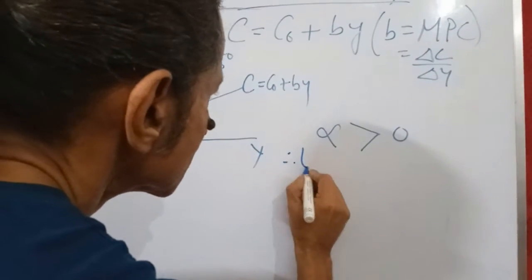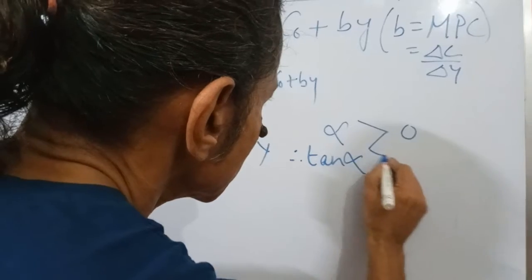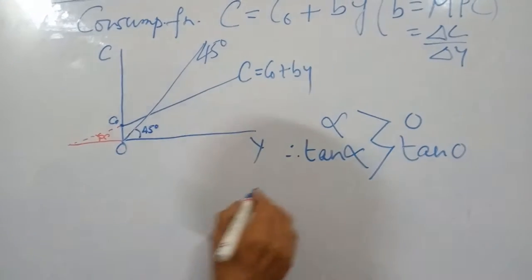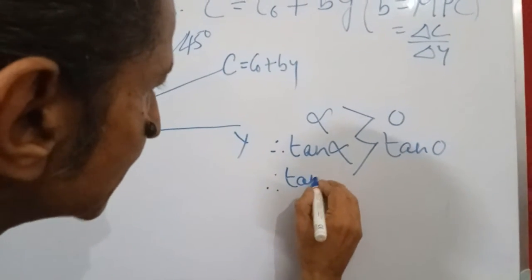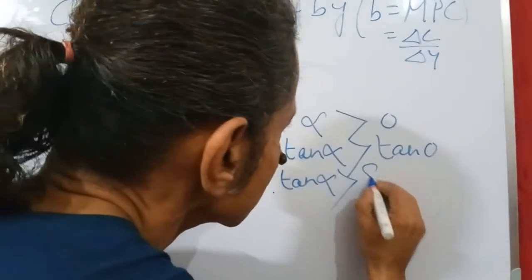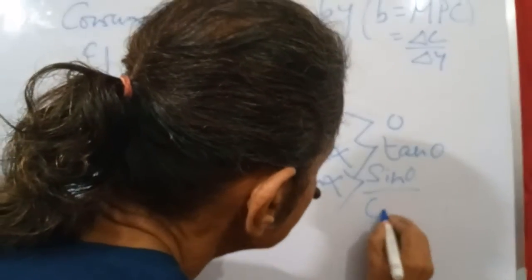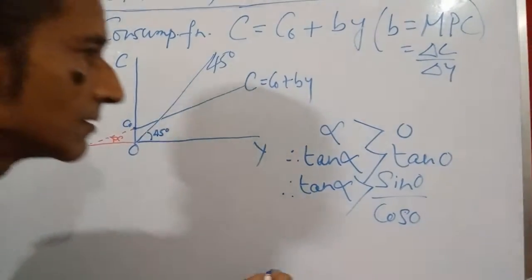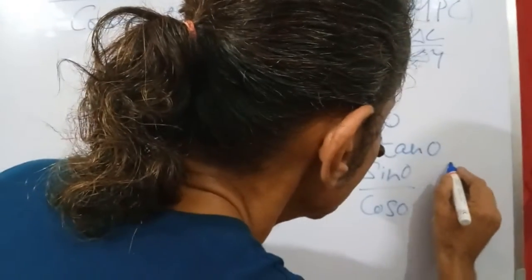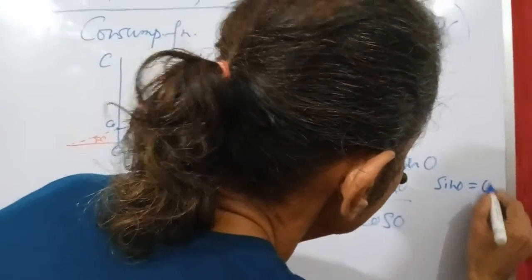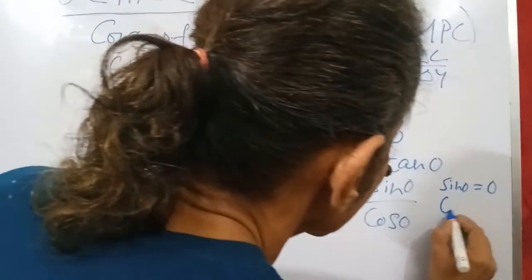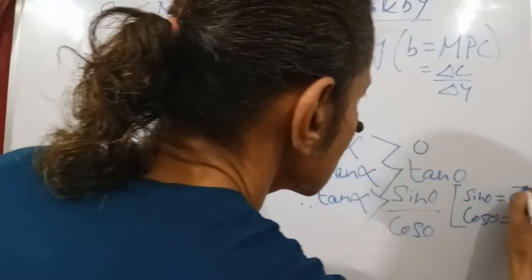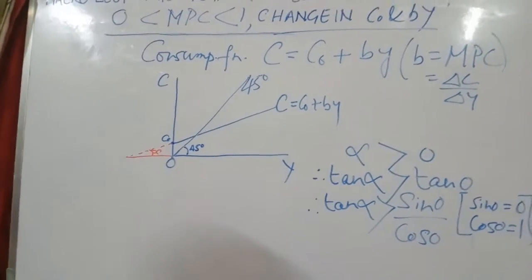Therefore, tan alpha is greater than tan 0. Therefore, tan alpha is greater than sin 0 by cos 0. Now, what is the value of sin 0? Sin 0 equals 0 and cos 0 equals 1.